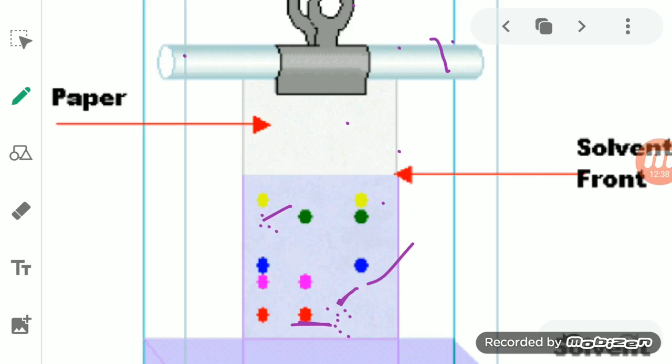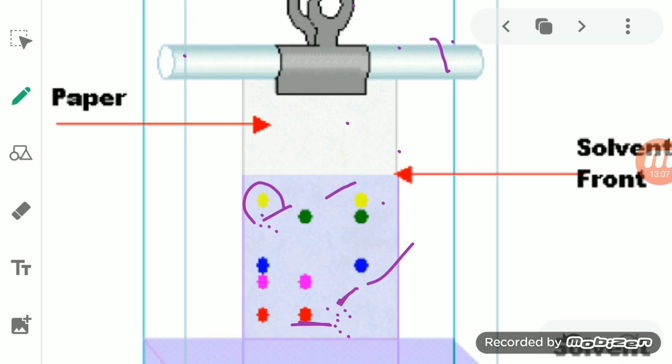Then the green one, and finally the yellow spot shows that it is very soluble in the water, and as the water rises up, it also rises and produces a color spot on the paper at a higher position. So in this way, all the dyes present in the black ink can be easily separated.